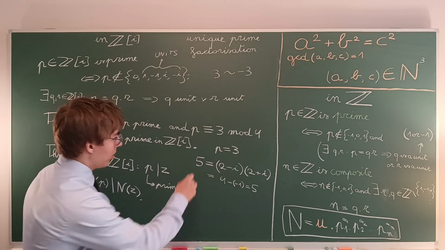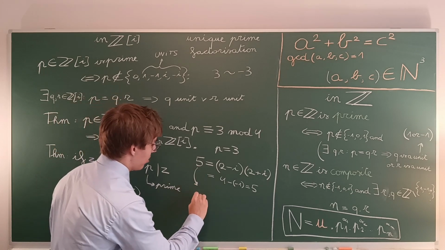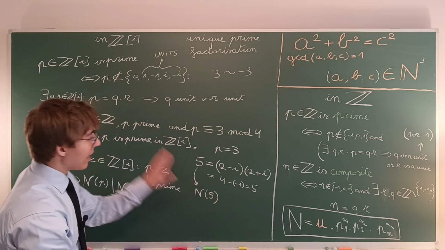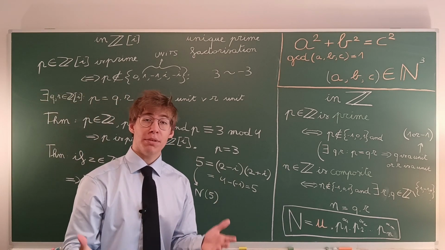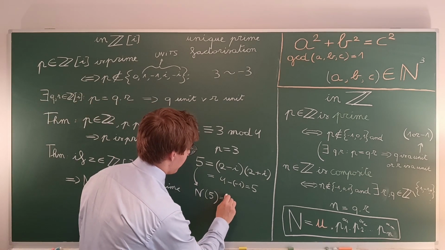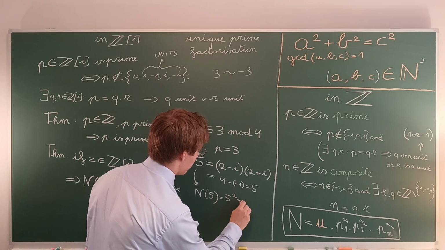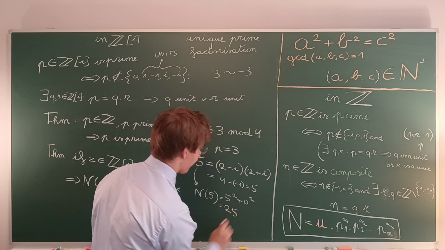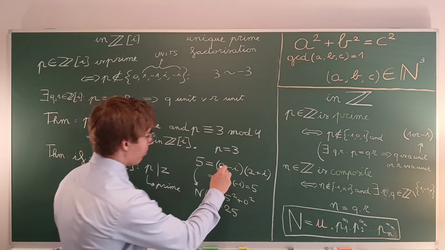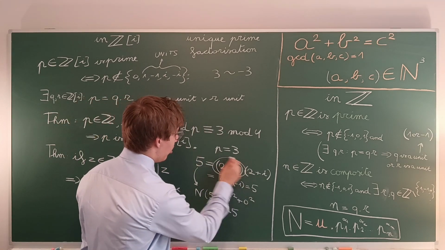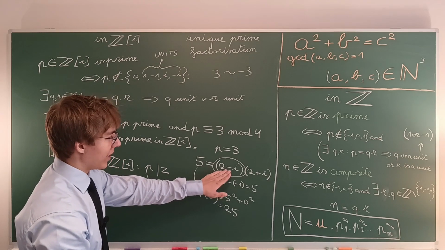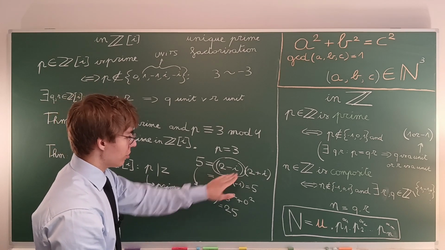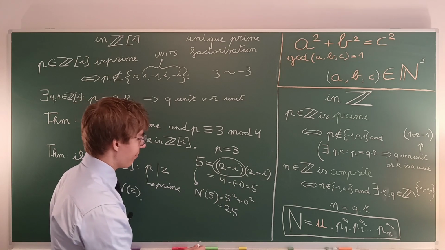So for example, the norm of this 5 in the Gaussian integers was a squared plus b squared, so this is 5 squared plus 0 squared, which is 25. Now notice that the norm of this Gaussian integer, 2 minus i, is equal to 2 squared plus 1 squared, which is 5.